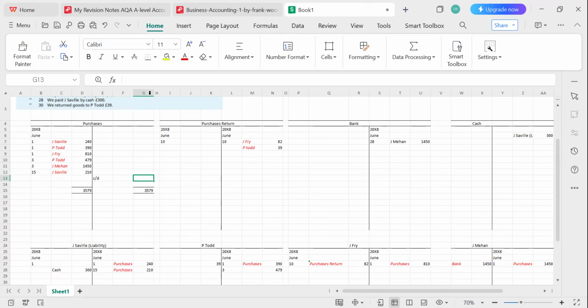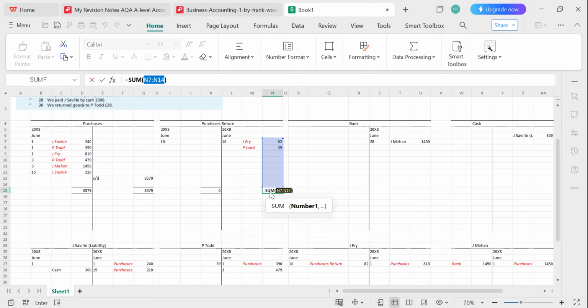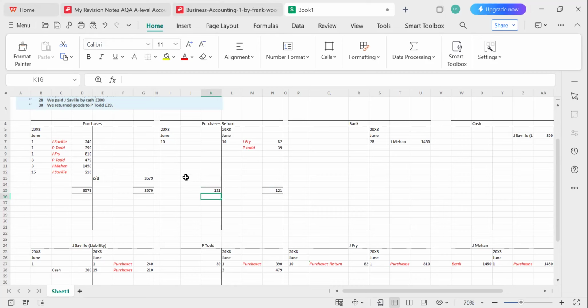So we have no amount on this side. So the whole account is going to be the difference. Okay. Now look at this account. We are going to add on both sides. It's 121. So that's going to be 121 as well. Carried down is coming on this side. And our carried down is going to be 121.